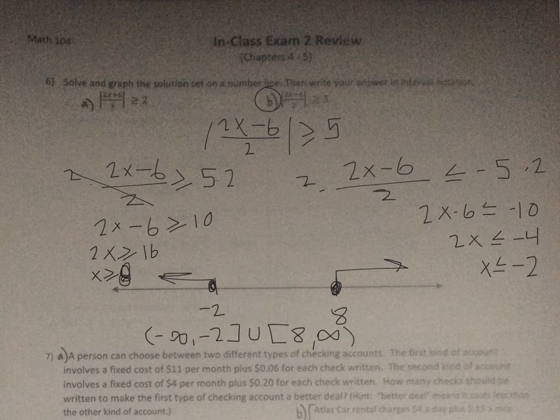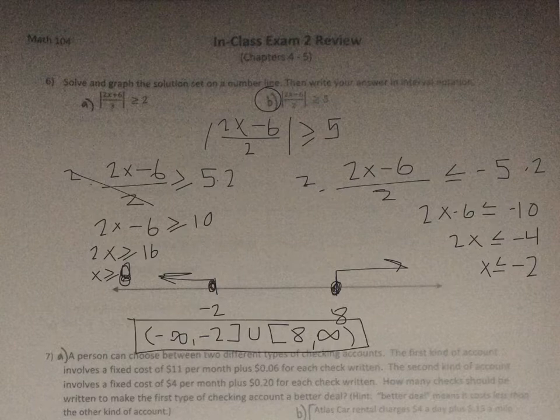The reason we're using brackets once again is because we can be equal to, because in the original problem we had a greater than or equal to to start with. So there is our interval notation. The final answers to all of these inequalities should be a graph and an interval notation.